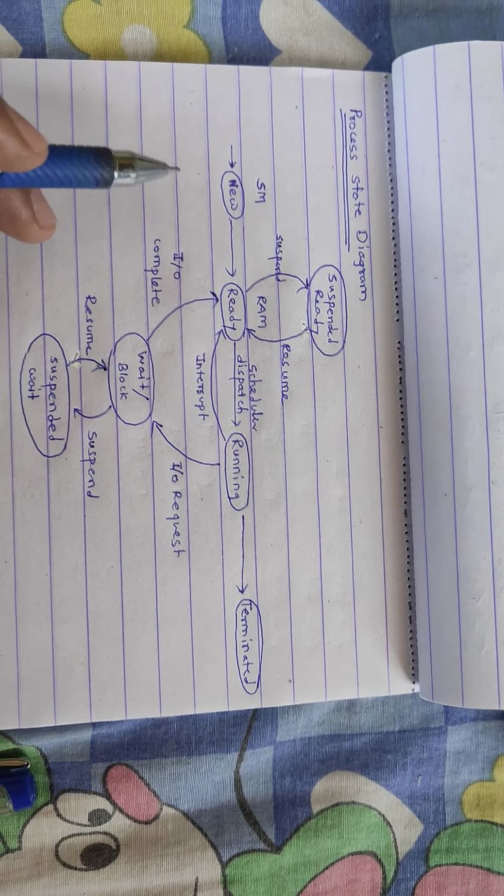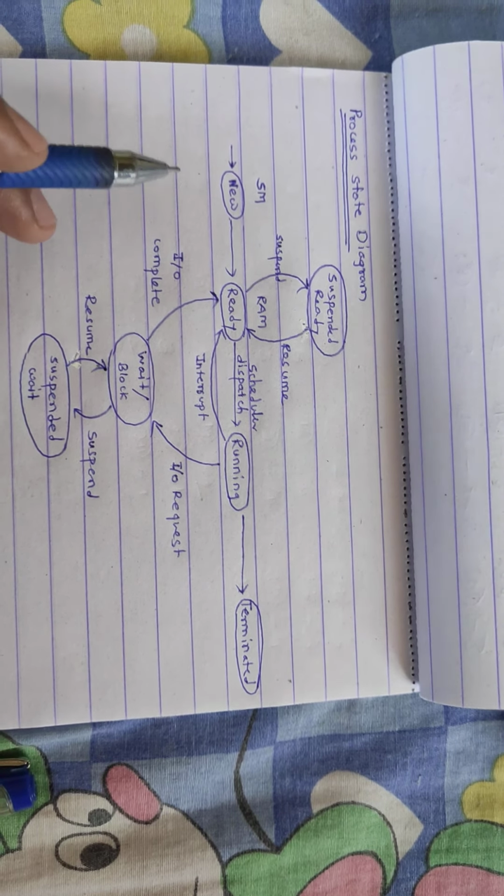The suspended process goes into the secondary storage, or we can say it is swapped out. Suspend means swap out the process to the secondary storage, or we can say the suspended wait state. The suspended wait state is present on the secondary storage or the disk.